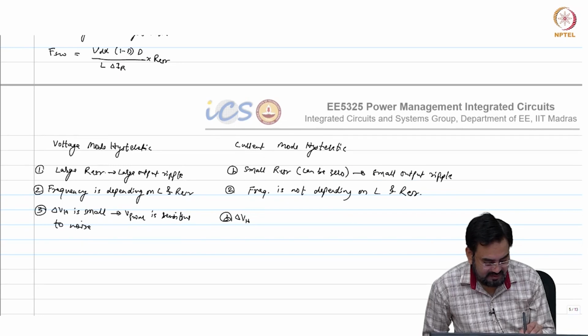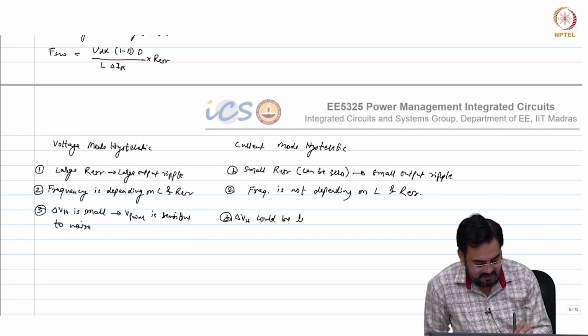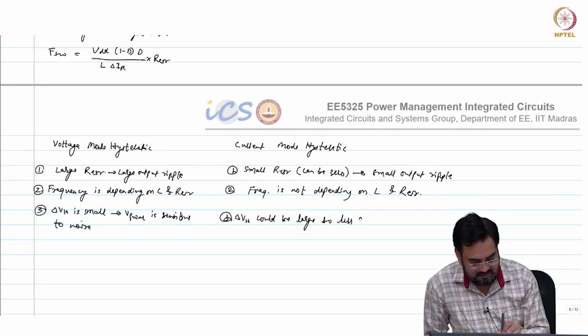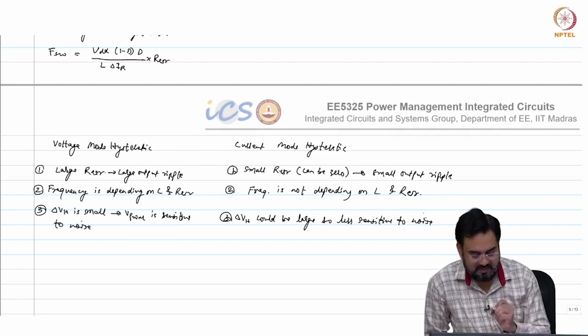Here delta VH could be large, so less sensitive to noise.